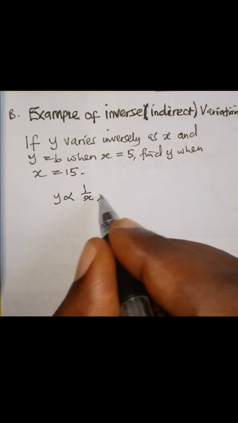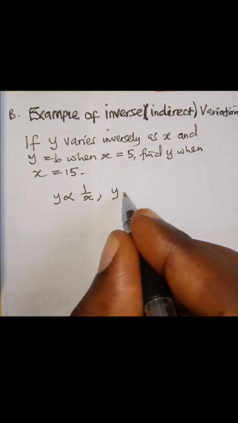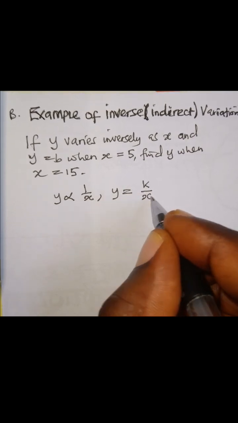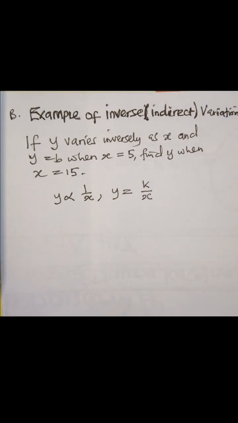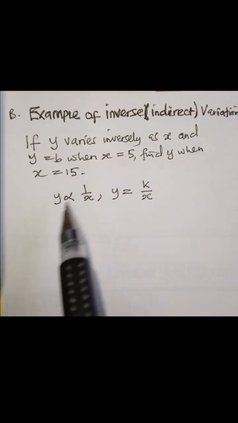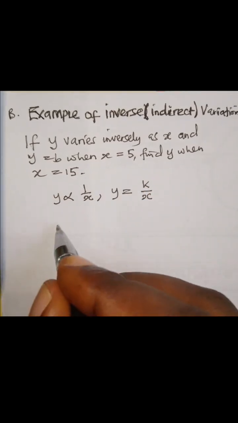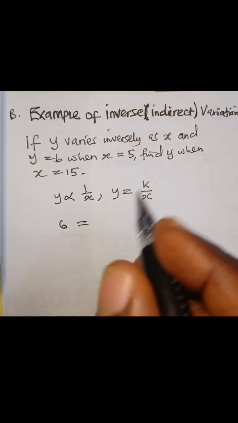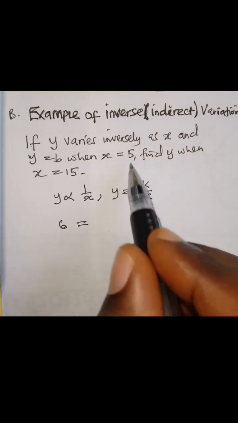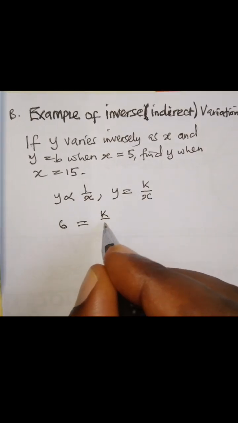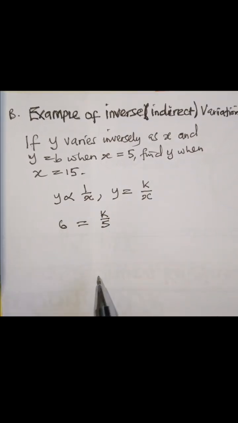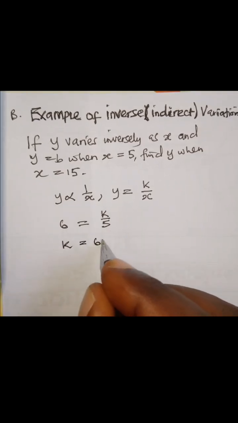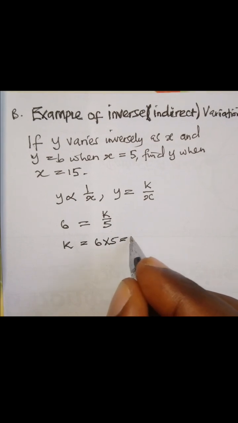Then we change this into a simple equation as y equals k all over x, where k is the constant. Now we substitute the values. y is 6 and x is 5, that is 6 equals k all over 5. Then we solve this to find k. k will be equal to 6 times 5, which equals 30.